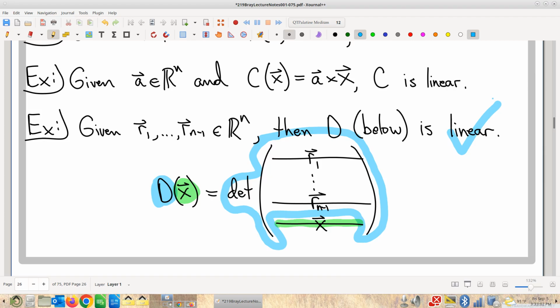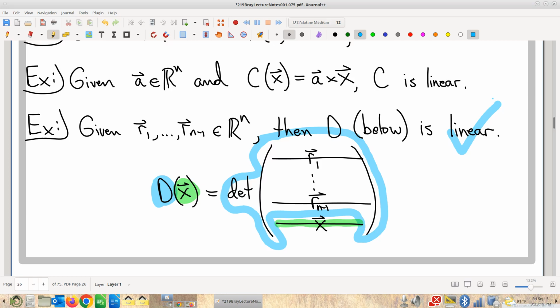That thing there is linear. And casually speaking, people will say determinant is linear in its last row. And this is what people mean when they say determinant is linear in its last row.